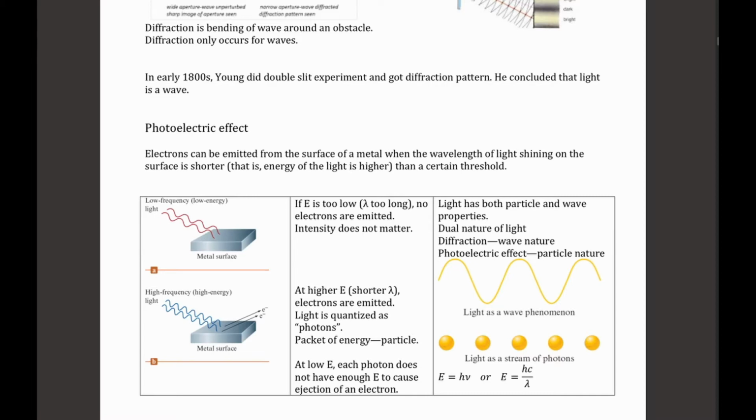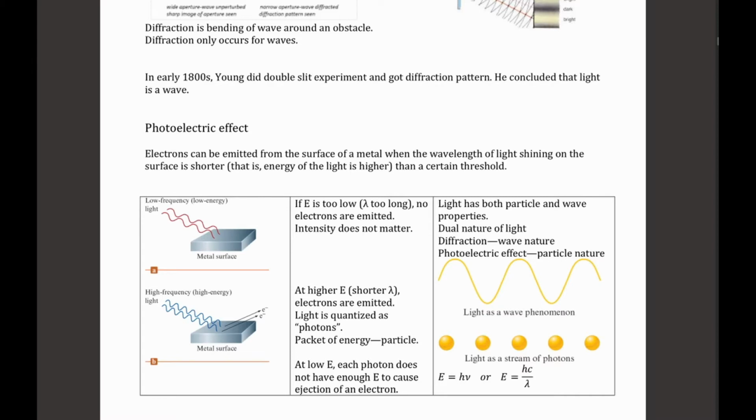The photoelectric effect shows that light actually is composed of particles. Electrons can be emitted from the surface of a metal when the wavelength of light shining on the surface is shorter. That is, the energy of the light is higher than a certain threshold.